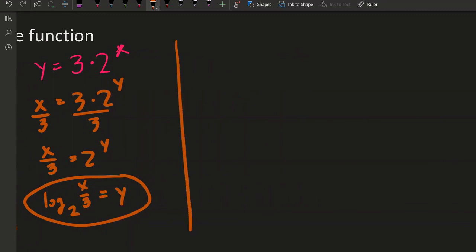Let's do that one more time, but this time going backwards. What if I had the function y equals 4 log 7 of x? If I wanted to write an inverse function for this, again, I'm going to switch x and y. So I've got x is equal to 4 log 7 of y. To get this by itself, I would divide by 4 on both sides.